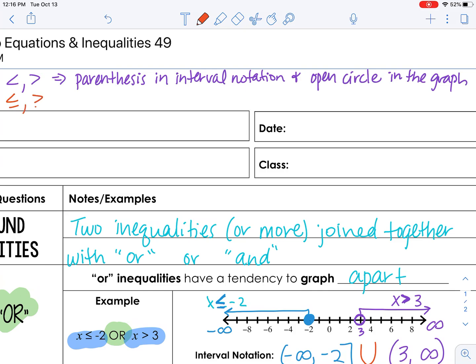When I have less than or equal to, greater than or equal to, I need to use square brackets in interval notation and closed circles in the graph.